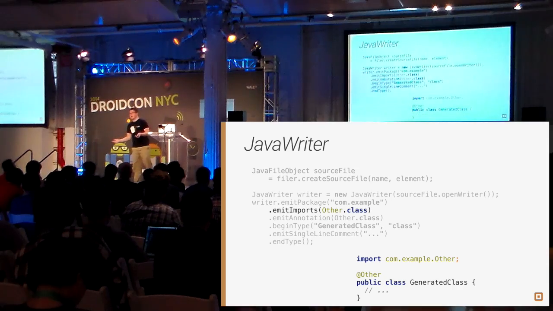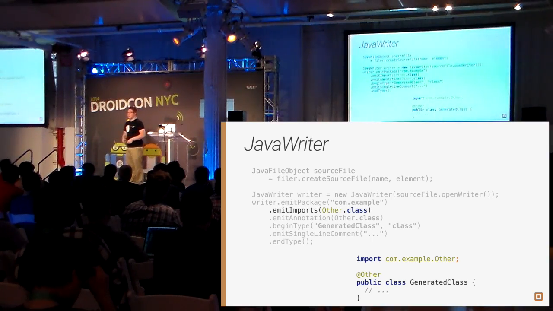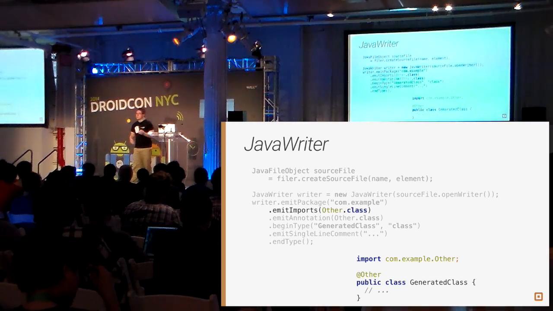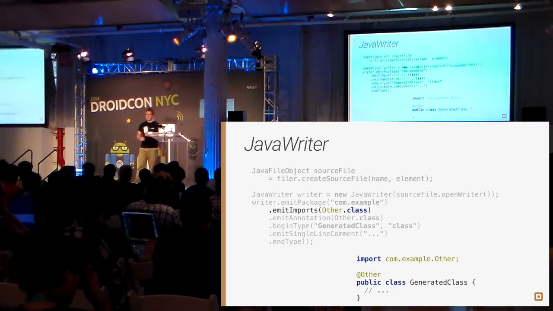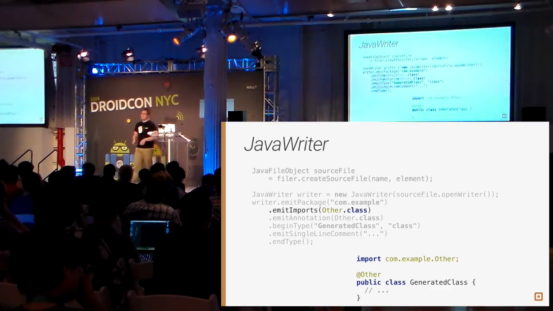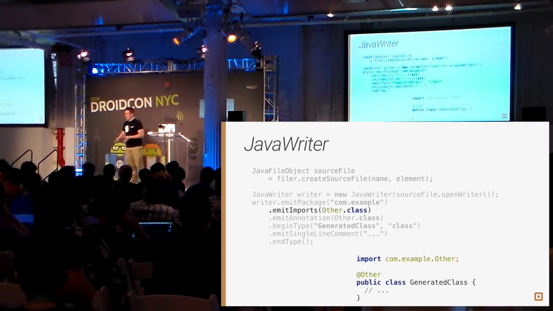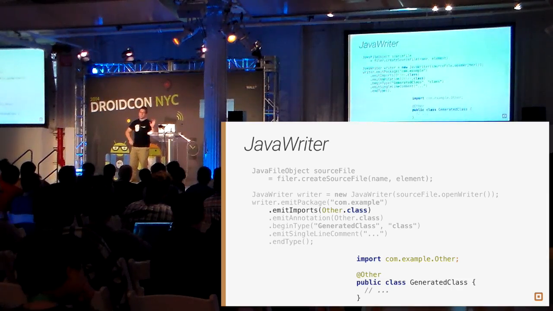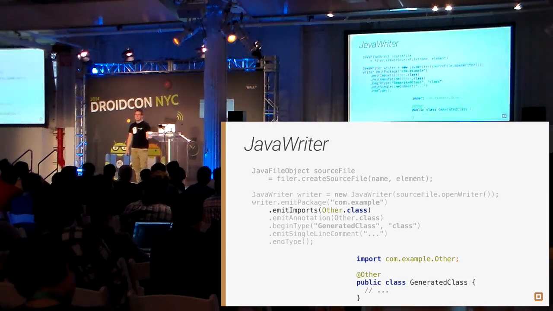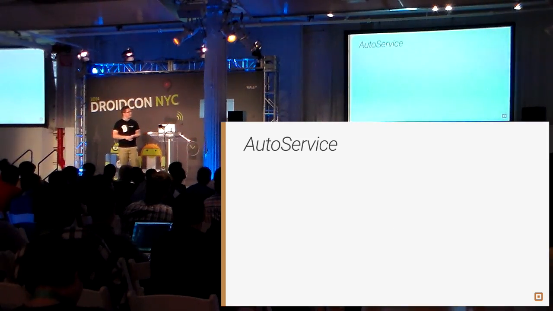Some of you might not think this is useful, but one of the things that we value very highly in writing these annotation processors is having code that gets outputted that is very human readable, very friendly, almost to the point where it's the code that you would just write yourself if you were doing the job of the annotation processor. We value things like this because if you're writing these classes, you're going to be using that import. You're not going to reference annotations in a fully qualified fashion.